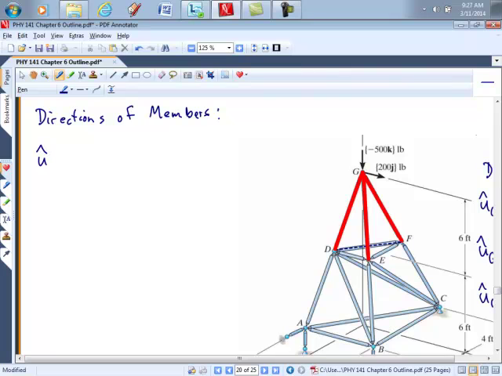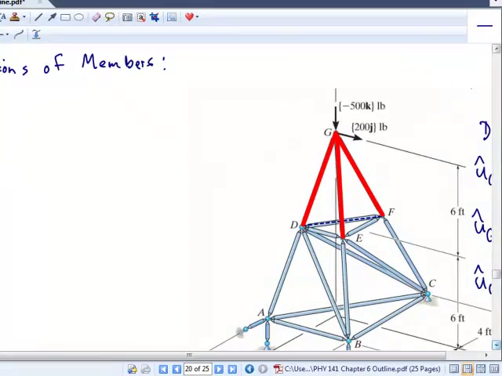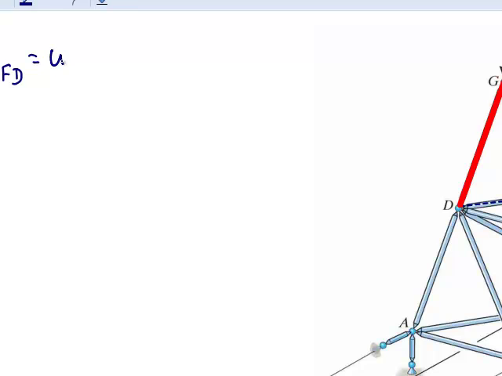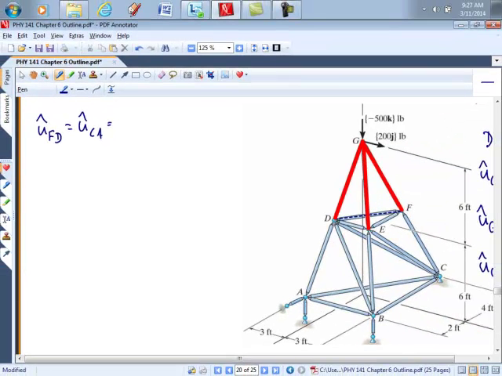So the unit vector from F towards D, yep, that's exactly the same as the direction from C to A, which is probably easier to see. So that's moving 3 feet along the y-axis and 6 feet along the, oh no, sorry, 6 and 6. Yep, 6 and 6.